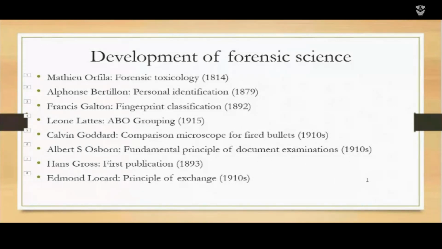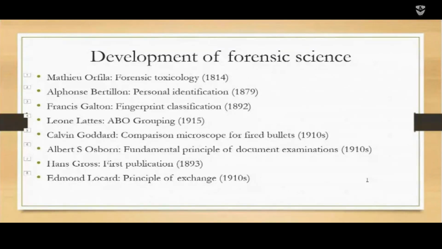After that, another feather on the crown of forensic science is by Alphonse Bertillon. He had the first scientific system for personal identification. He used body measurements to identify.